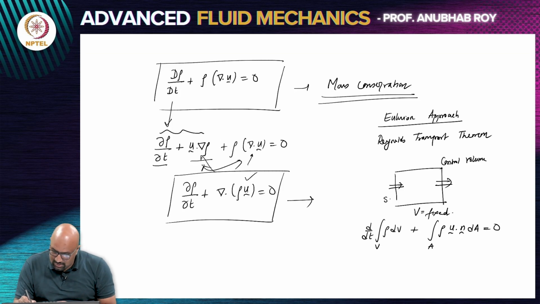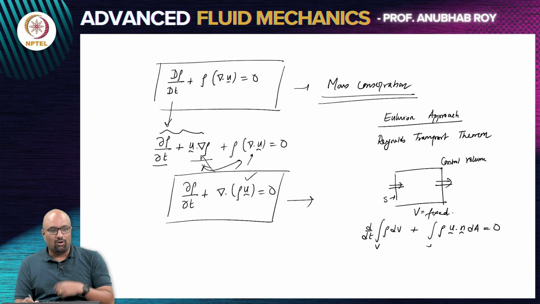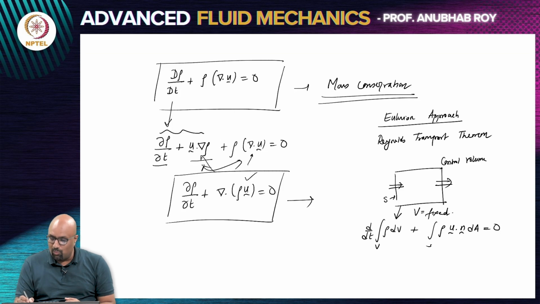I am using S, so let me stick to S. The amount of stuff that leaks in or leaks out of that control volume through its control surface. So, you define a region in space. The moment you define a region in space, there is an associated surface that is enclosing that space. So, now if you track how much mass is actually increasing or decreasing in that space, that is related to the amount of fluid that is entering and the amount of fluid that is exiting.